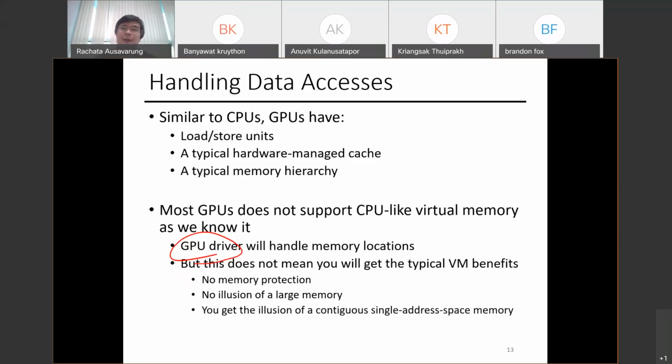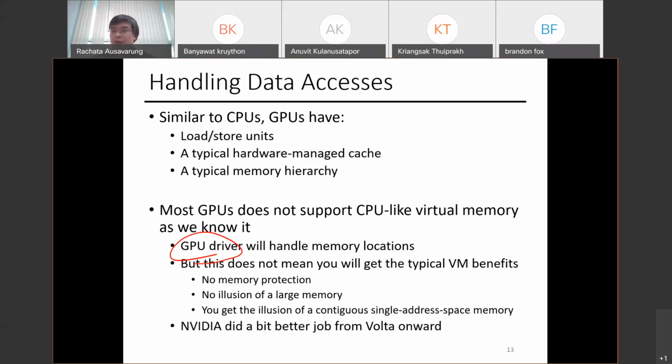You get an illusion of a contiguous single address space, so you don't have to worry about where your data is. In earlier models of the GPU, you did have to worry about where your data is. There's no virtual memory, so you kind of have to deal with it, and that's a pain. These days it's better. From the older generation onward, NVIDIA did a better job at managing your virtual memory.